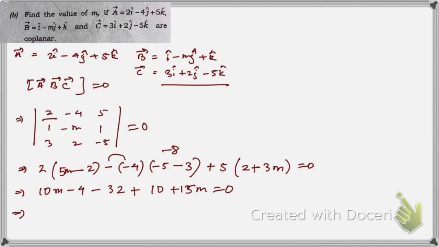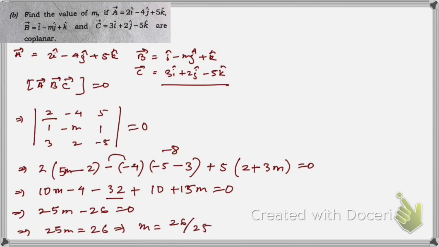So 15 and 10m, that's going to be 25m. Then minus 32 plus 10, that's going to be minus 22. Then minus 22 minus 4 minus 26, that's going to be equal to 0. So here 25m will be equal to plus 26. So m will be equal to 26 divided by 25, right? That's what we have got. Okay, so hope you have understood this.